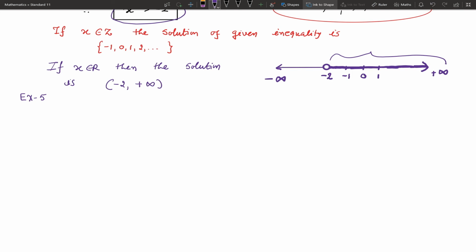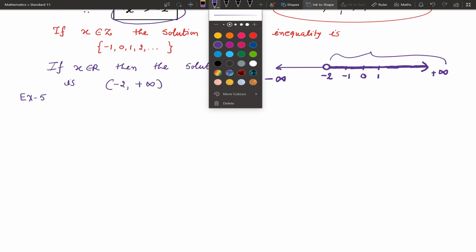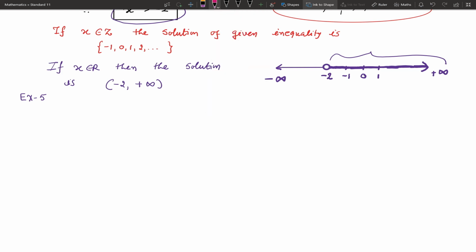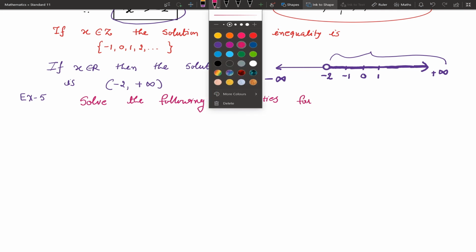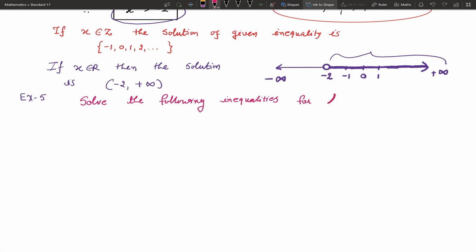Now the instruction is solve the following inequalities for only real x.